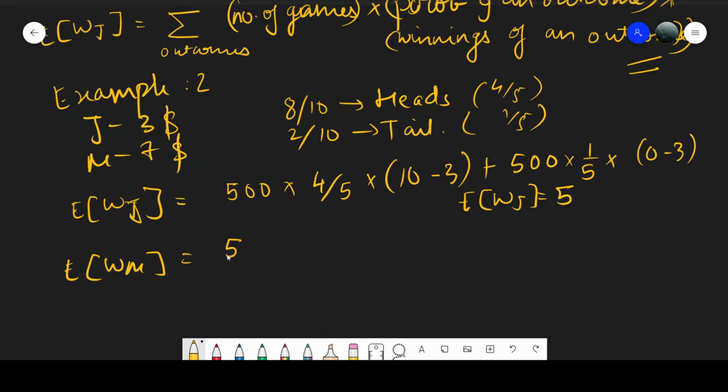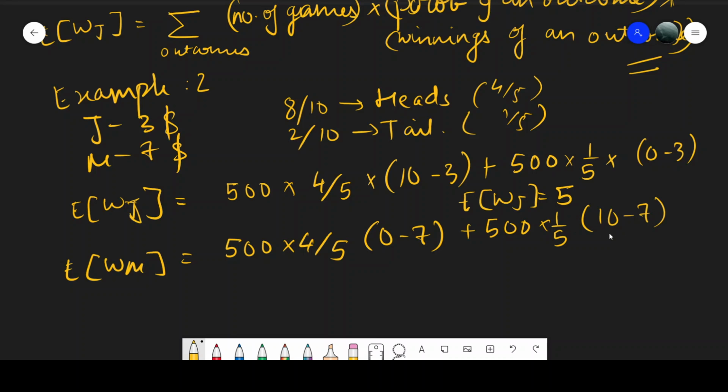Now if I apply the same idea to Mark, the expected winning of Mark. If a head turns up, the probability of a head turning up is again 4 by 5, but he's going to lose all of his money if the head turns up, so it's 0 minus 7. And the probability of a tail turning up is 1 by 5, and he's going to win if that happens.